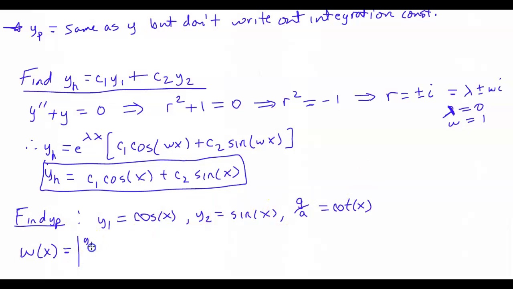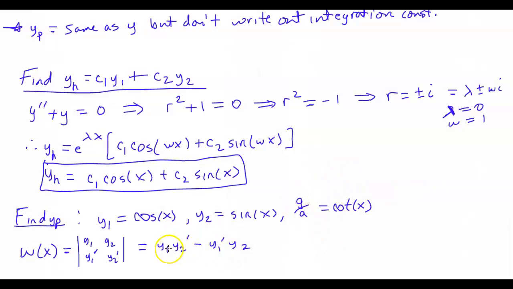And I'm doing this just to kind of remind you the connection between this expression and a determinant. That this is just going to be y1 y2 prime multiplied together minus y1 prime y2. Okay.